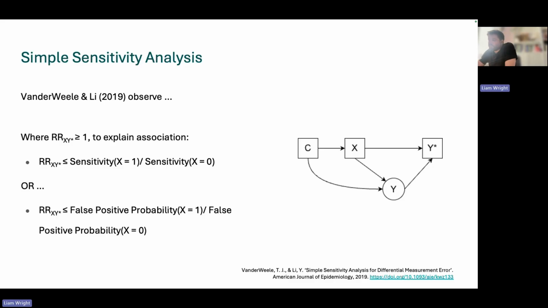So assuming that y, the outcome variable, is mismeasured, and that the degree of mismeasurement is related to the level of x, the exposure.